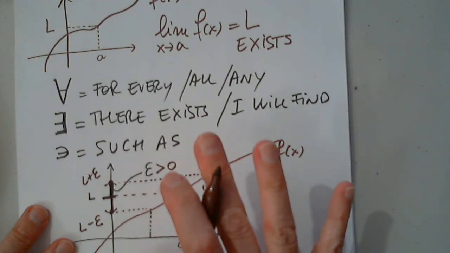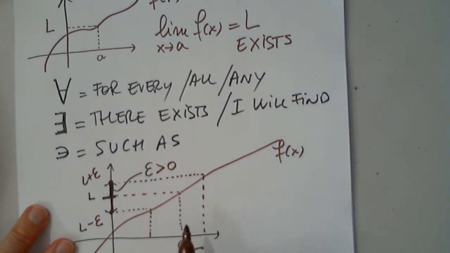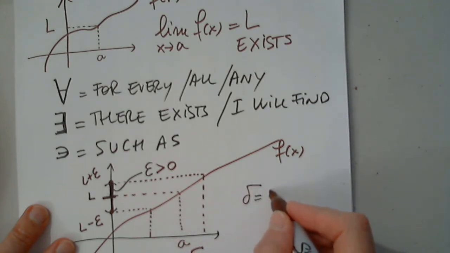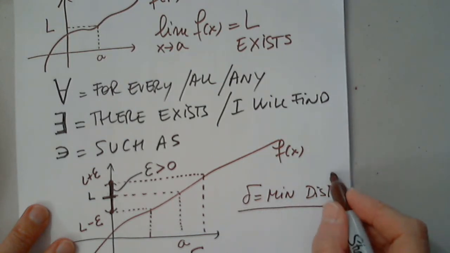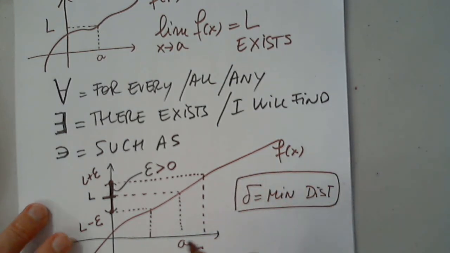now I have to stop for a second because we always have to choose the smallest distance. I cannot choose this because it's longer. I have to choose the smallest. Delta, always the minimum distance, always. And now I have to continue. And I'm going to find the interval.